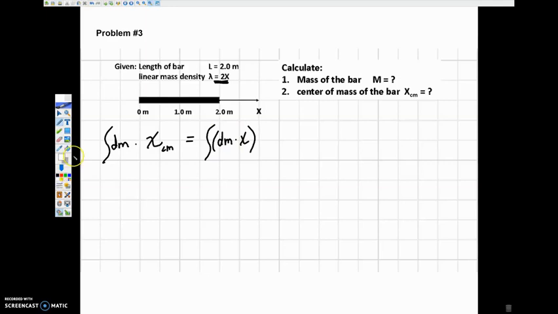So if this piece right here is dm, each dm has its own unique x-coordinate, and I'm taking the sum, the integral of each dm times its x-coordinate.